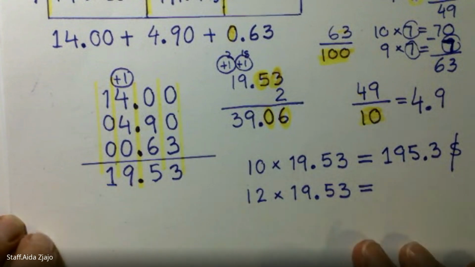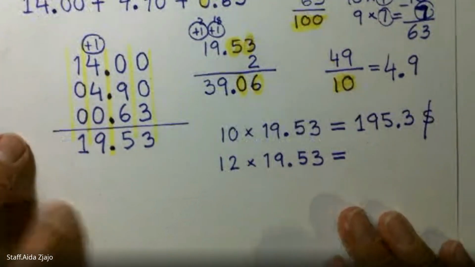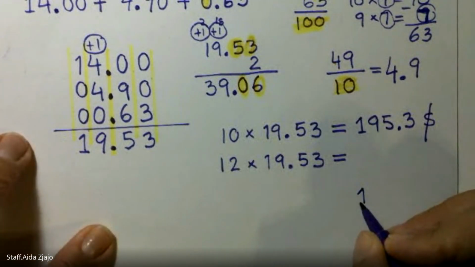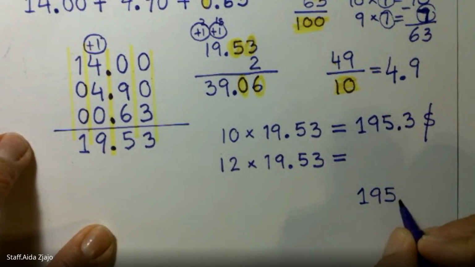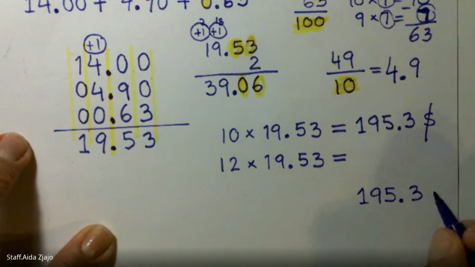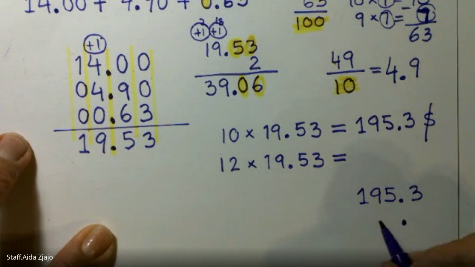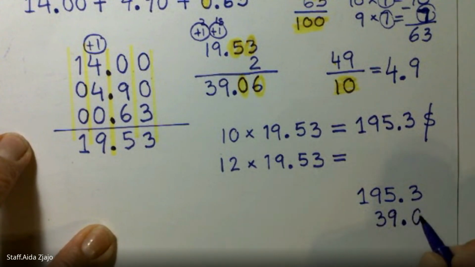So I'm going to do that here. 195 and 3/10. I will add decimal first, then 39 wholes, 0/10, 6 hundredths.